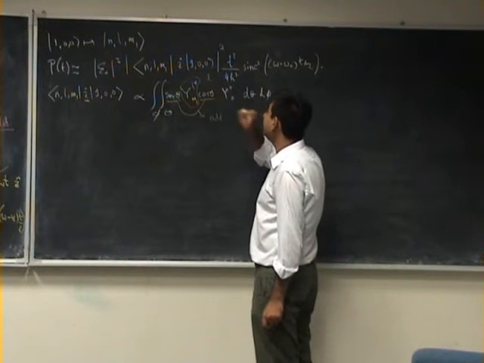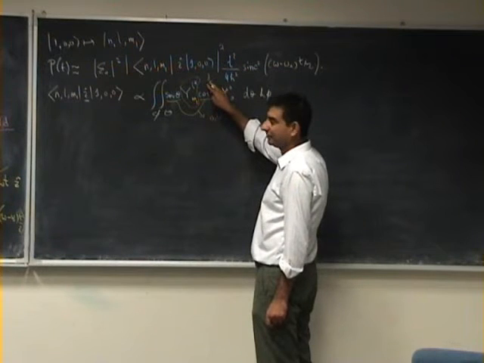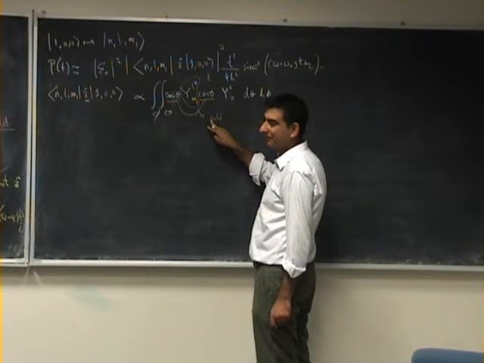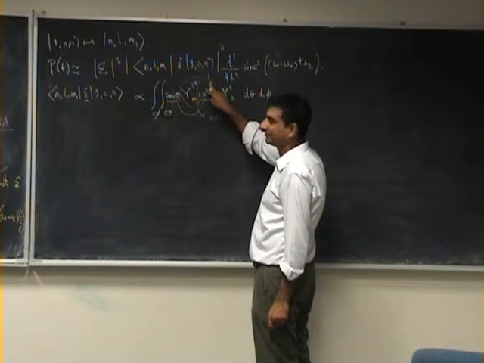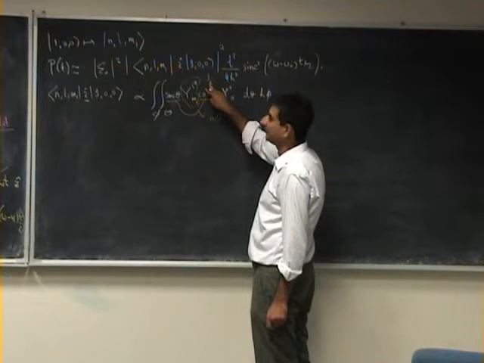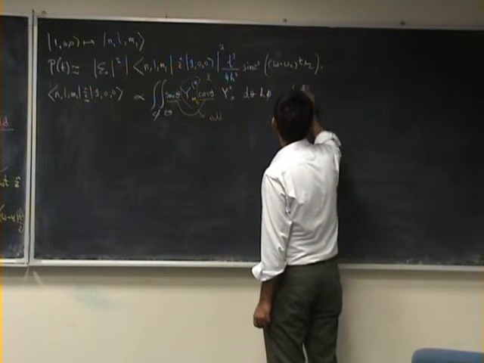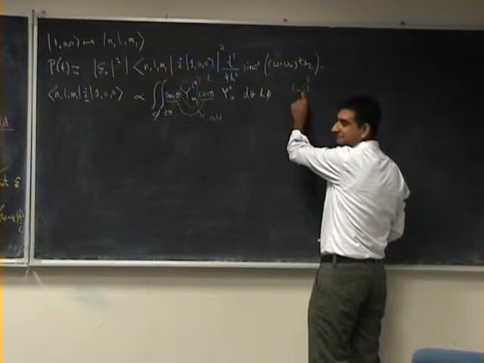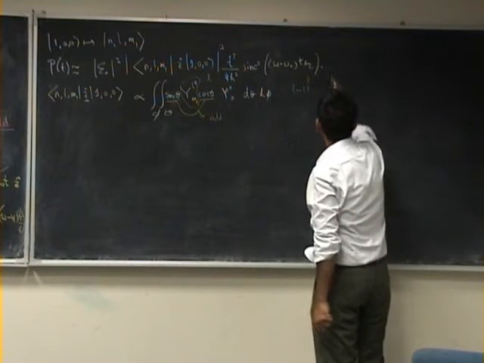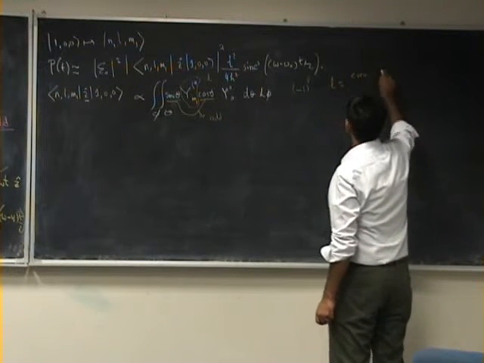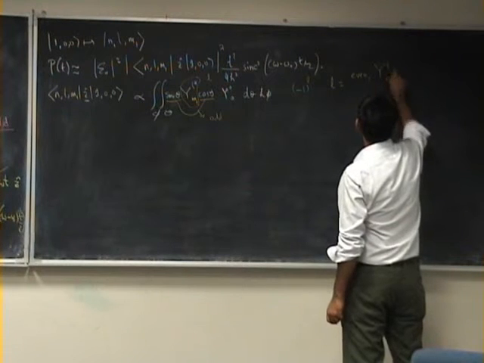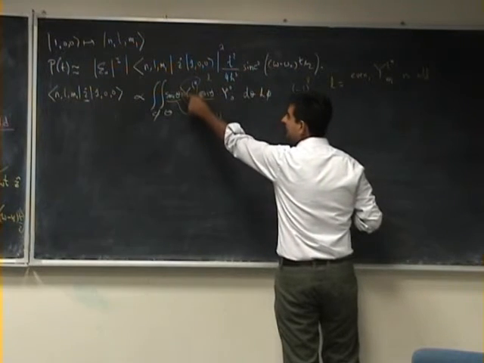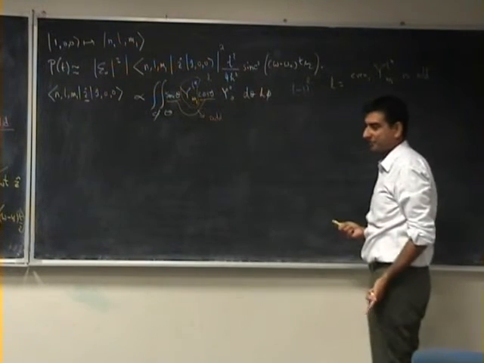If L is odd, then the Y l m_l complex conjugate is odd, and it multiplies with the odd sin 2 theta function to give you an even function.